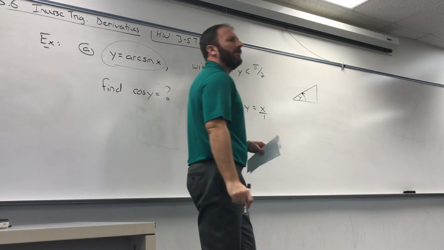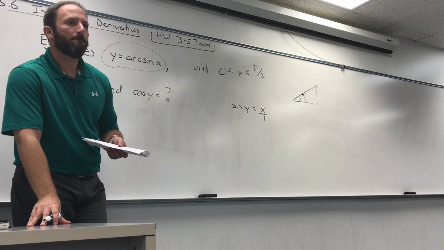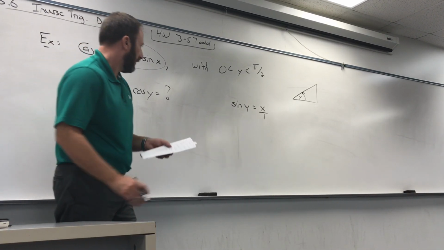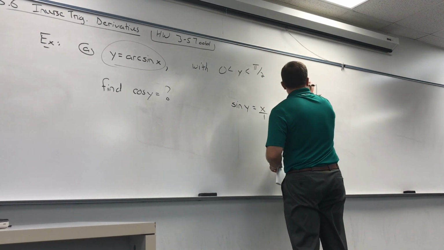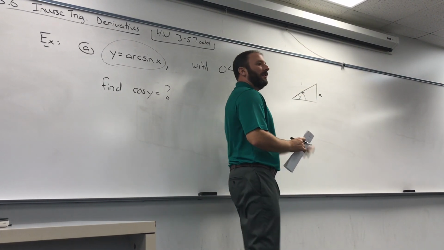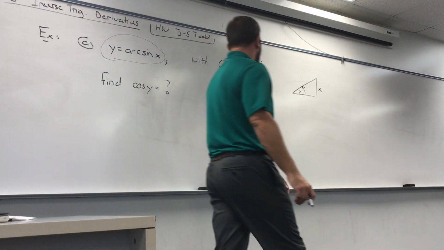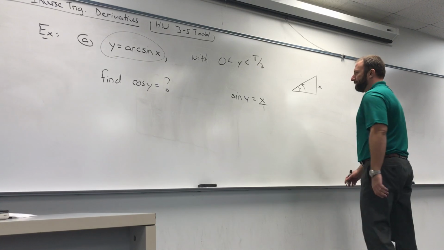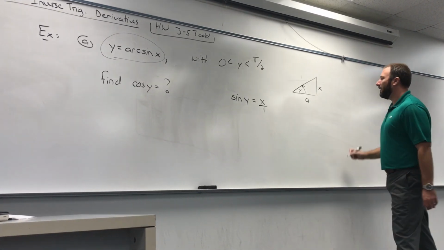And what's sine equal to in terms of SOHCAHTOA? Sine is opposite over hypotenuse. Good. Shoot, how are we going to find the length of this side? Pythagorean theorem is going to work. So what do we want to call this? Let's call this q, just for the hell of it.